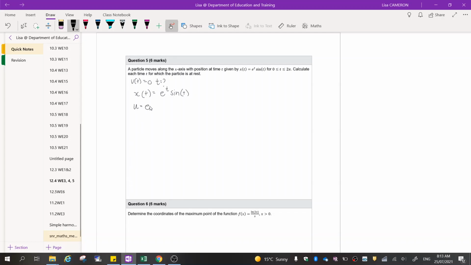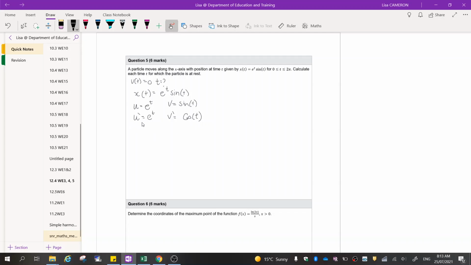So I'm going to let u equal e^t, which means u dash is equal to, the derivative of this is 1, so it'll be 1 times e^t. So that's why it just stays the same. v equals sine t, meaning that v dash is equal to, sine derives to cos, the derivative of the inside will come to the front and multiply, so that happens to be 1 as well, which is why we're just left with cos t there.